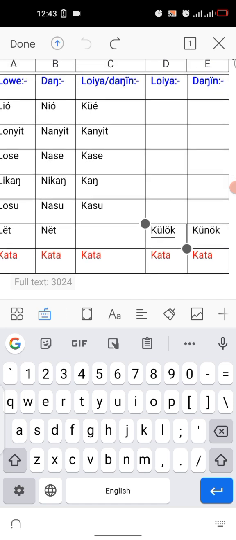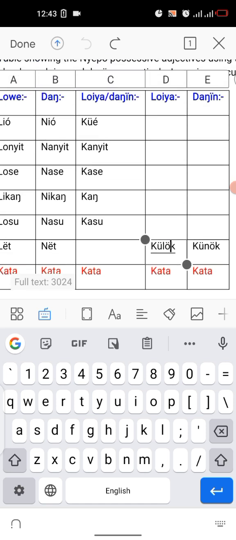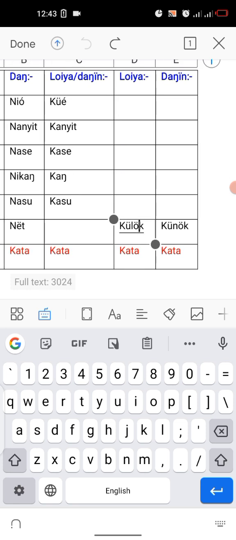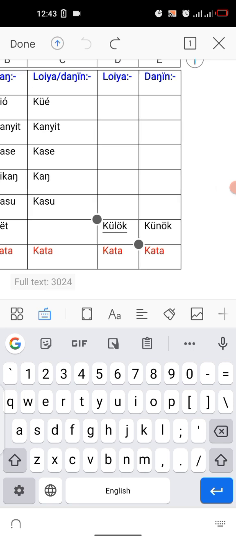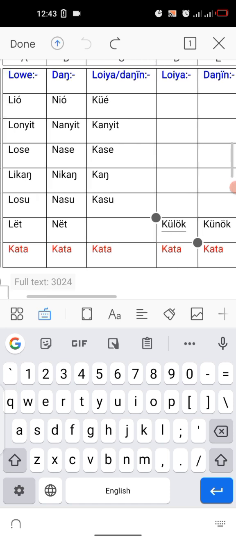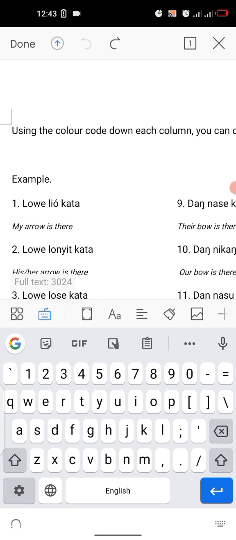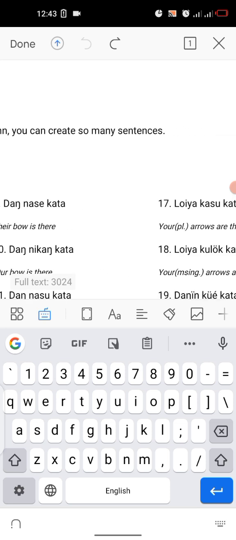If the things to be possessed are masculine, that is to say, for example, lawyer, you will say lawyer kuluk. But if the things are feminine, for example, dangin, you will say dangin kunuk.